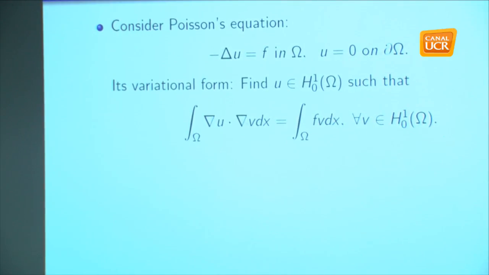By integration by parts using Green's formula, we turn that into a variational problem. We have the gradients here, and this should hold for all test functions whose first derivatives are L2 functions and which vanish on the boundary.